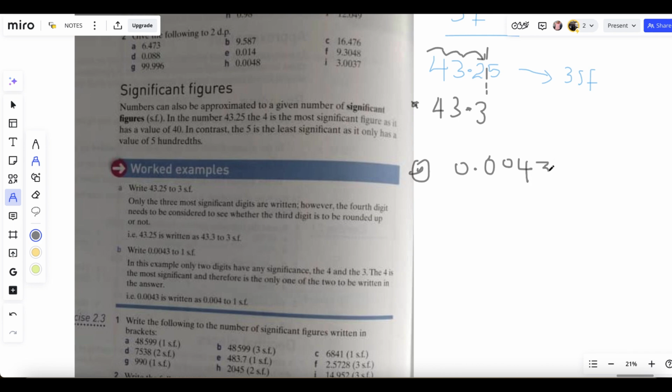And they ask us to do it to 1 significant figure. Only 1 significant figure. Now this one is different. It's quite different, so you pay attention.